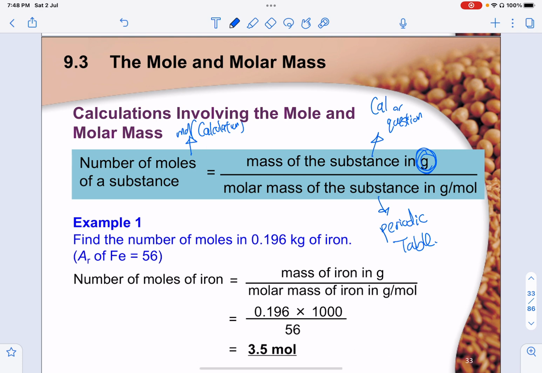Second is the units. The units play a role in having everything correct. You may have to do conversion for either the mass of the substance or the number of moles of the substance.